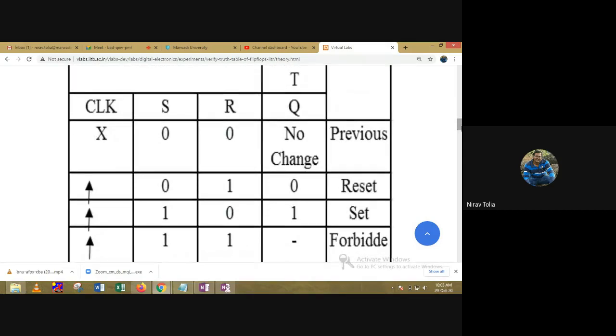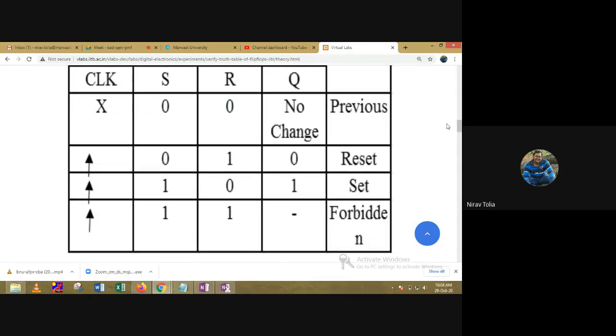Now this is the table. Suppose, what is the meaning of cross? The meaning of cross is that the clock is not given.